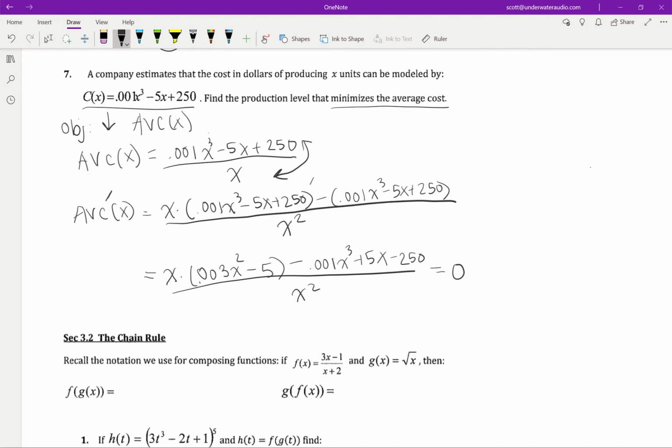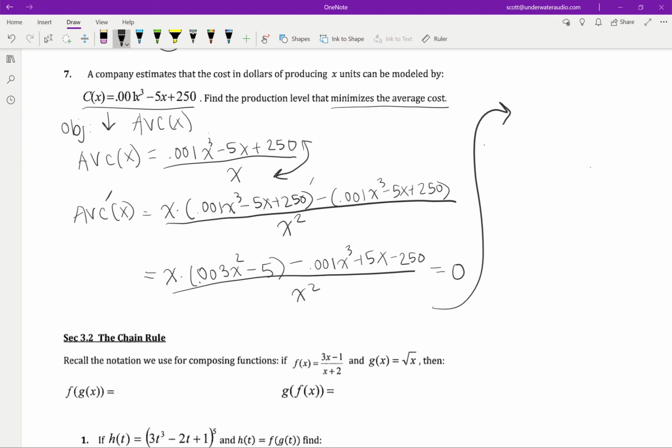And the first thing I could do is multiply both sides by x squared, and then x squared goes away. So this is now just a game of trying to solve the top. So I have x times 0.003x squared minus 5, and actually let's multiply the top out.